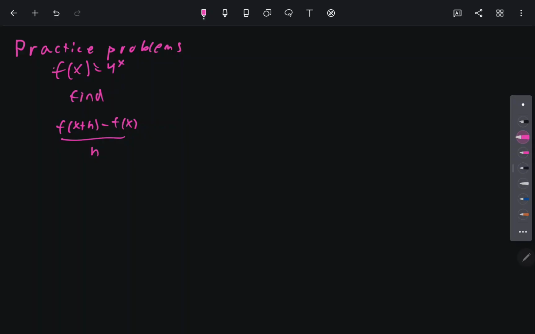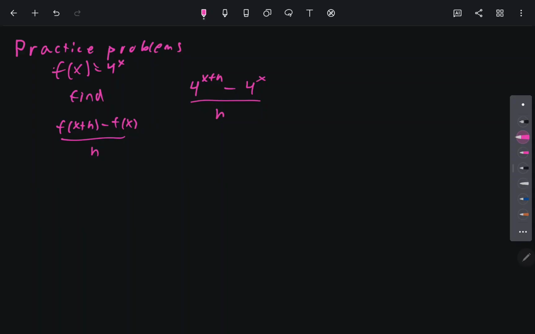So this is actually a really challenging problem to work, and it's going to require a lot of exponential tools. So we get 4 to the power of x plus h minus 4 to the power of x all over h. So how do we work this?